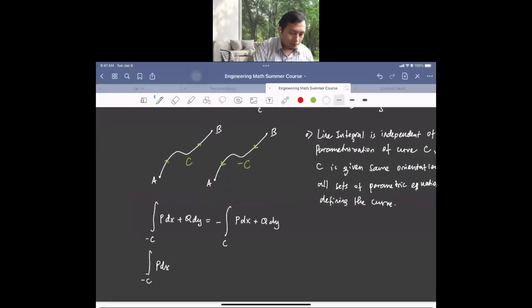So we could write this, or we could say this is equal to 0.